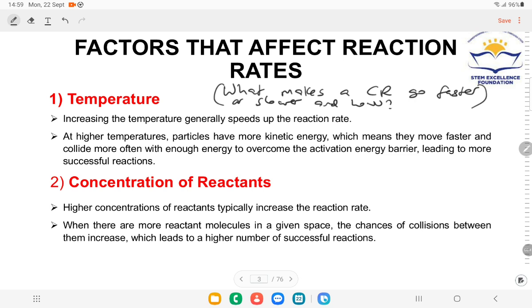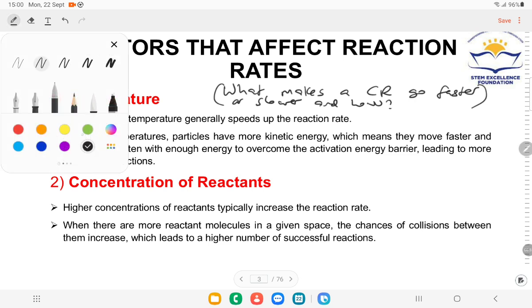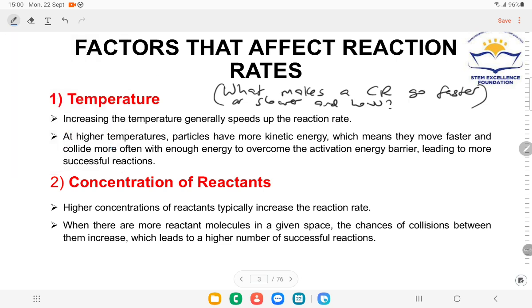Some factors are two. To start with, temperature. Temperature has to be the most important factor. They are all important, but temperature comes first, in my opinion at least. Generally, if you increase the temperature, that implies that the reaction rate also goes up.